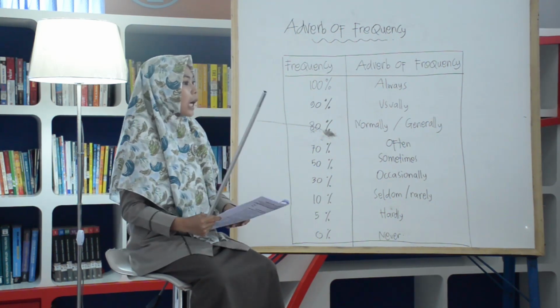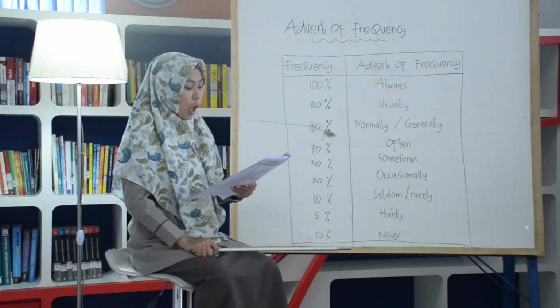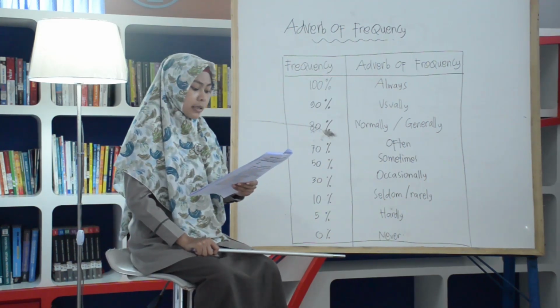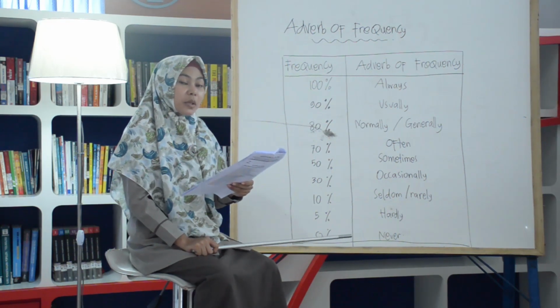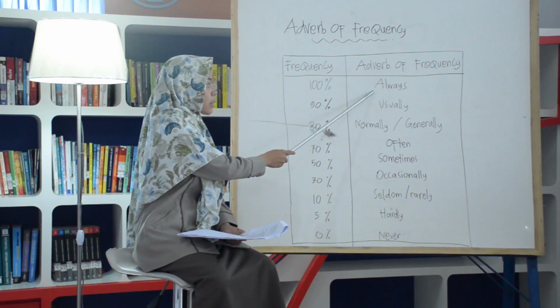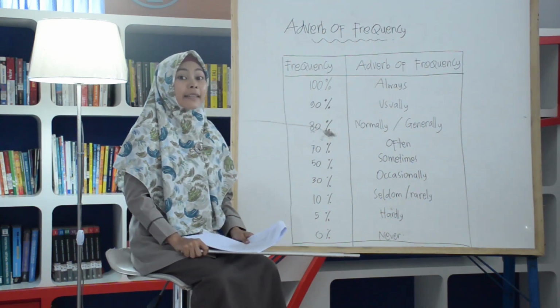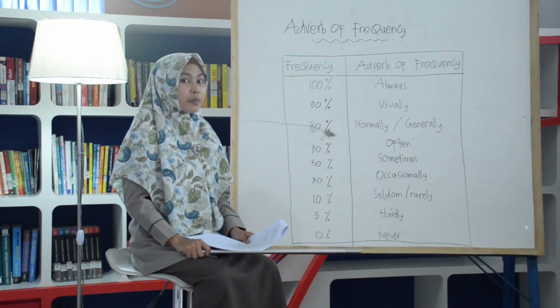And I want to tell you about examples of adverb of frequency. The example for always: I always wake up at 3 p.m. every morning.